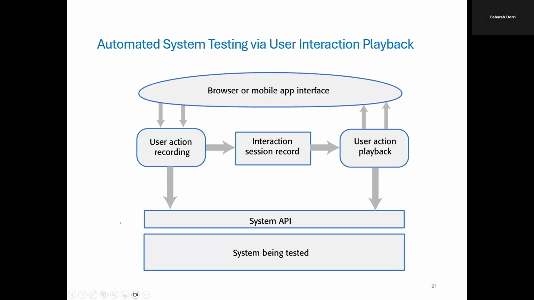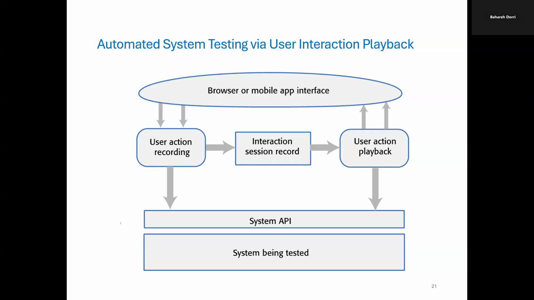Let's take a look at how automated system testing can be streamlined using user interaction playback. Imagine you are testing a web or mobile app. You start by recording all your clicks, form entries, and menu selections, basically everything a user would do. This is handled by a user action recording tool.